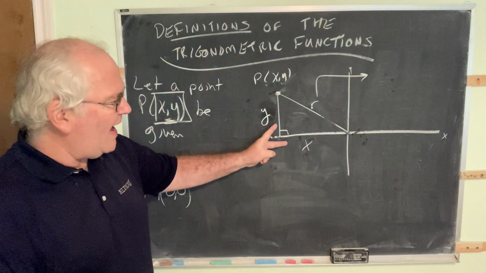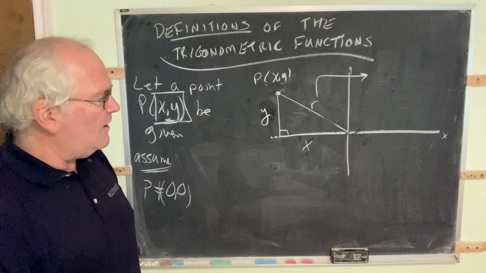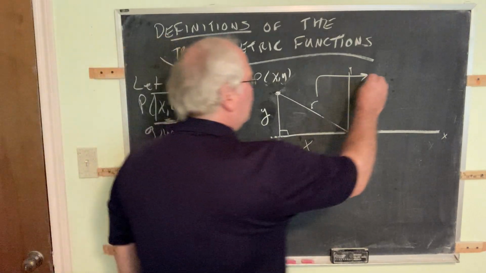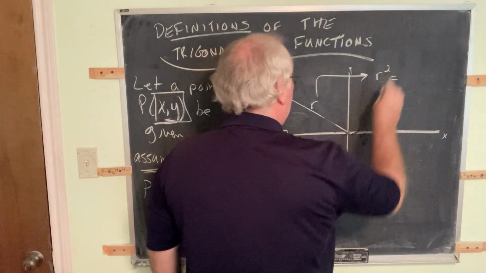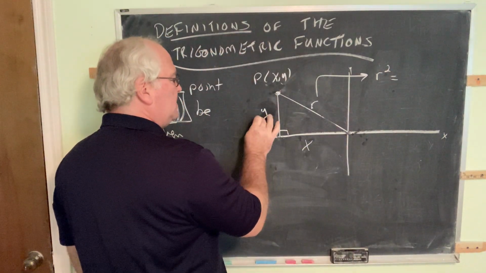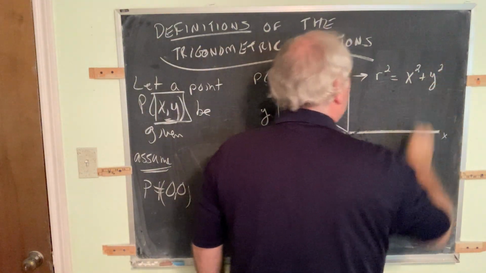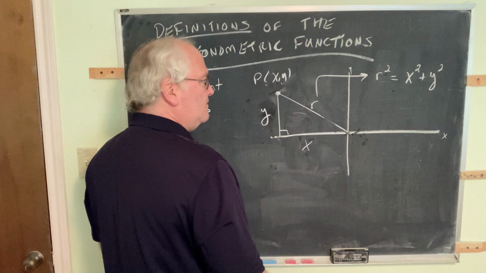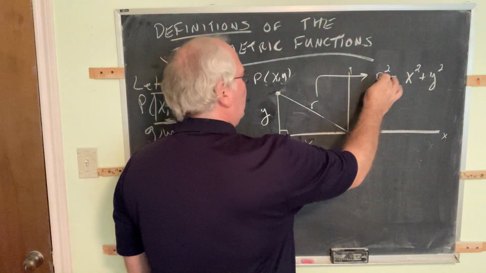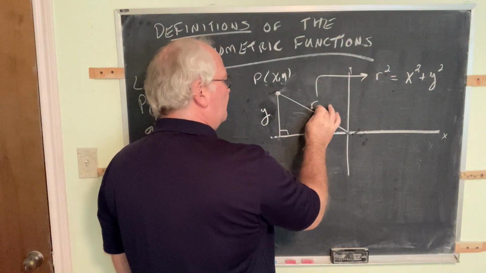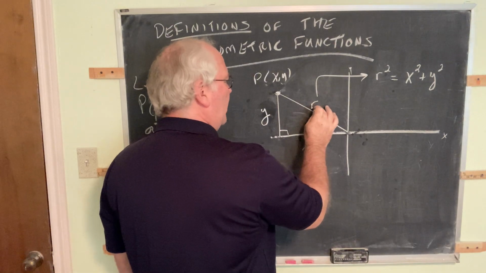So we're going to use it to find r. We know that r squared, the hypotenuse squared, is equal to leg squared plus leg squared. But I don't want r squared, I want r itself.